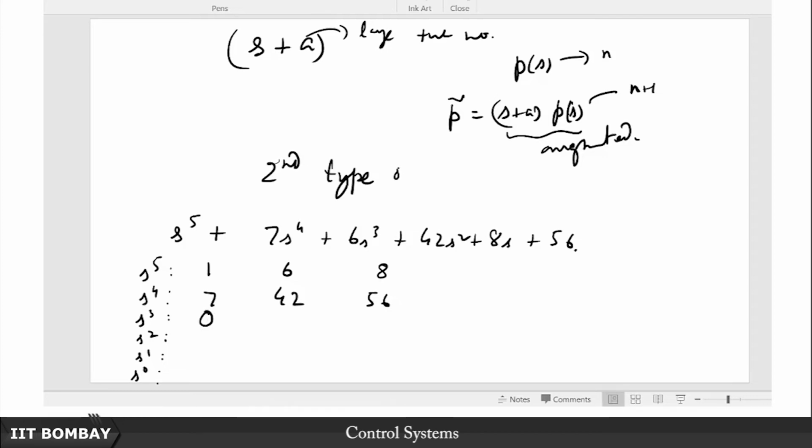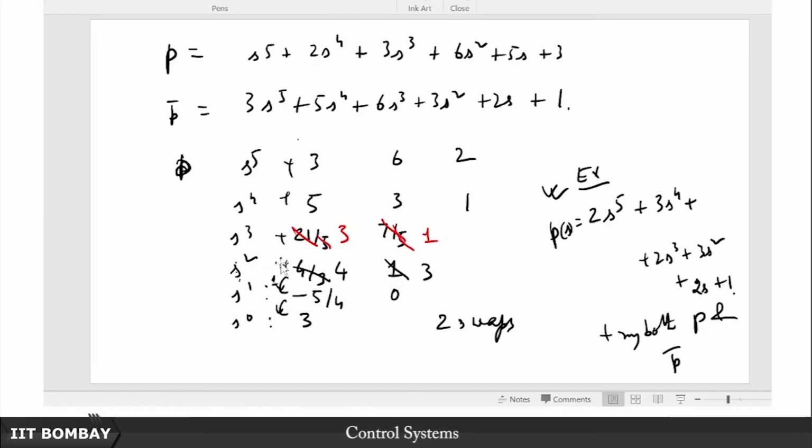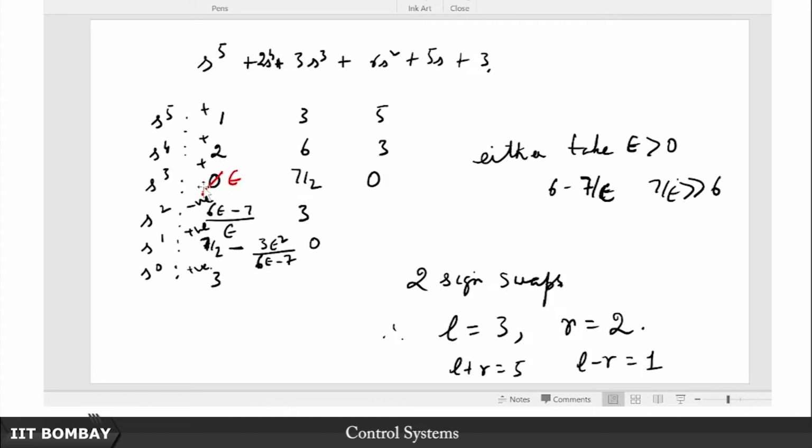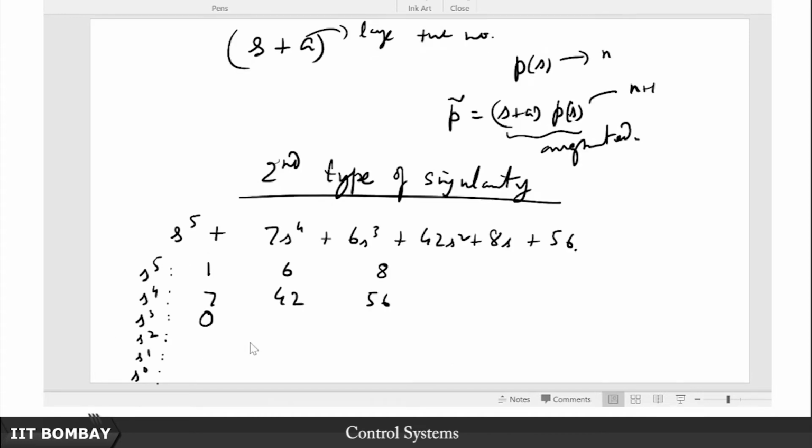Do not make the mistake of thinking that this is exactly the same as the first type of singularity, where you encountered a 0 only in the first column but the second column did not have a 0. Here you now encounter 7 times 8 minus 56, which is 0, so this entire row is 0.